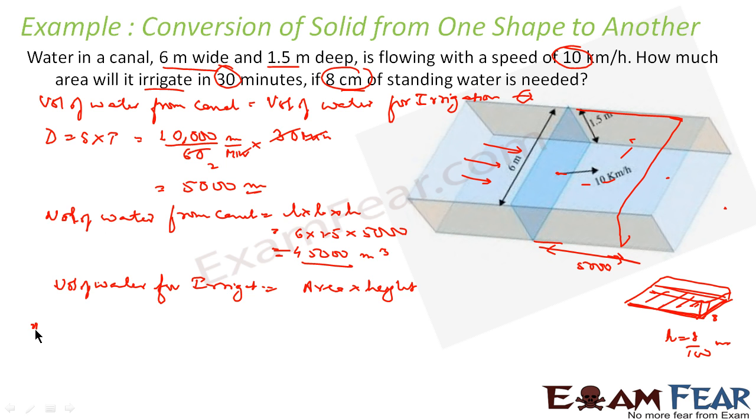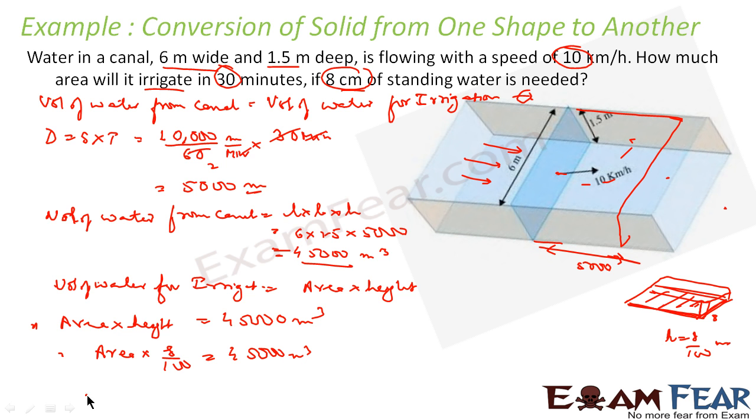So we can say that area into height is equal to 45,000 meter cube. So area into height in meters, 8 by 100 meter, is equal to 45,000 meter cube.